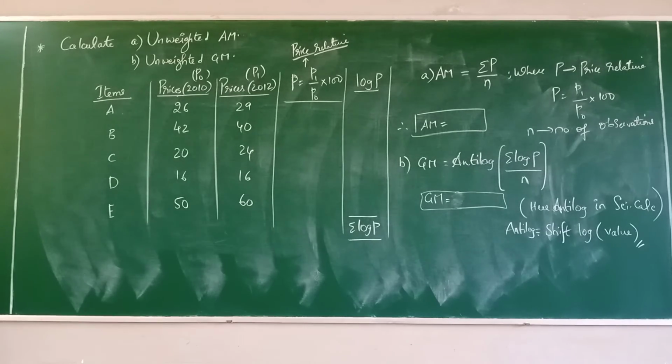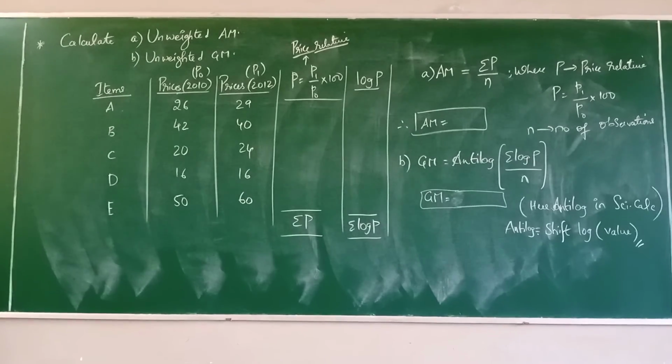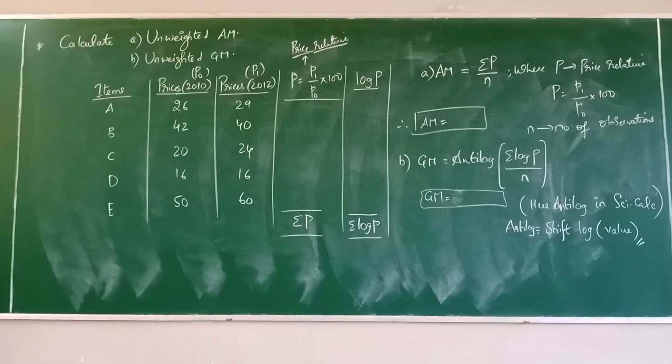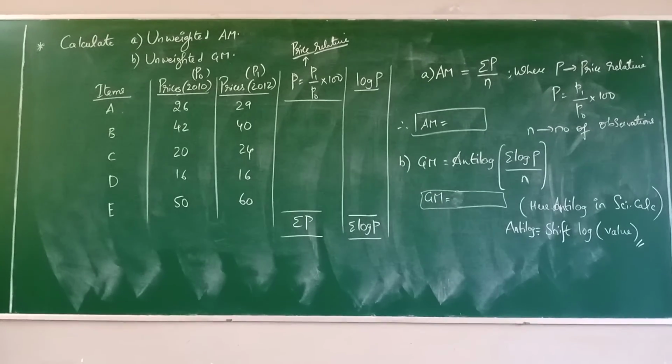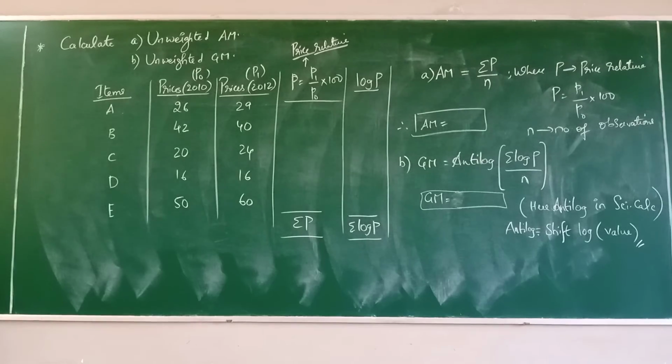Now look at the data given. Items A, B, C, D, E, and then prices in 2010 and prices in 2012. So one is the base P0 and another is the current P1. Those values are given. Now first and foremost, P has to be calculated. Here P is nothing but the price relative, the ratio of current year price to base year price, expressed as a percentage: P1 by P0 into 100.